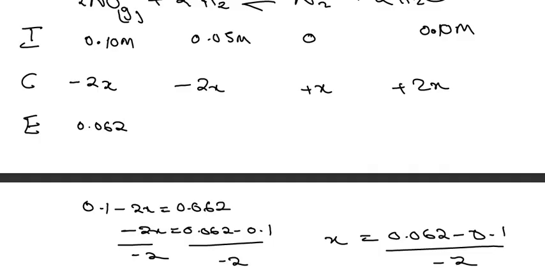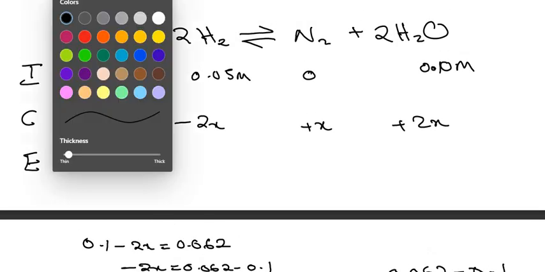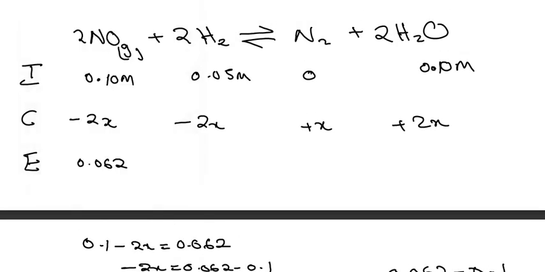For nitrogen here it's simply going to be the same thing, which is 0.019, because it's just x. This part here, you're subtracting. So hydrogen is going to end up giving us 0.012. Then for water, since we're adding, this is going to be 0.138.